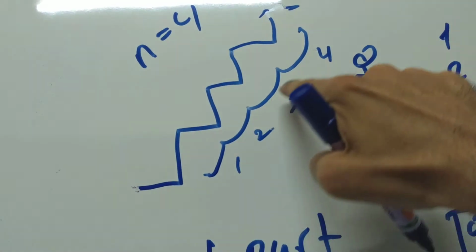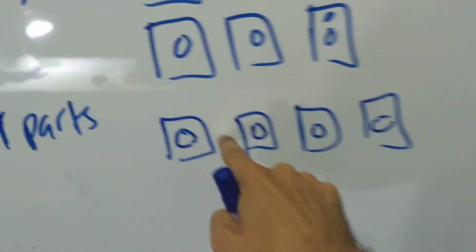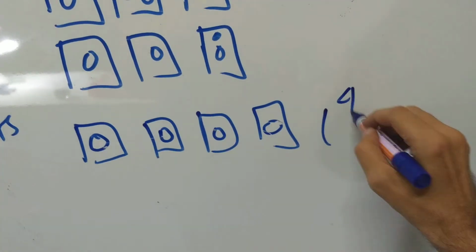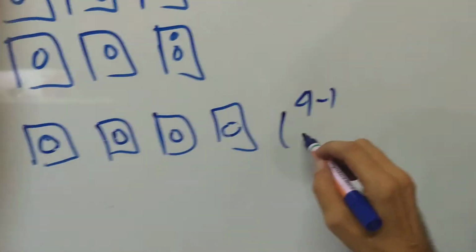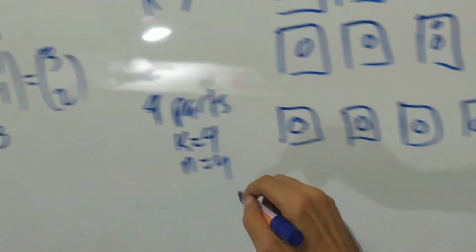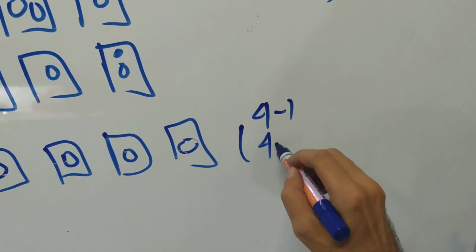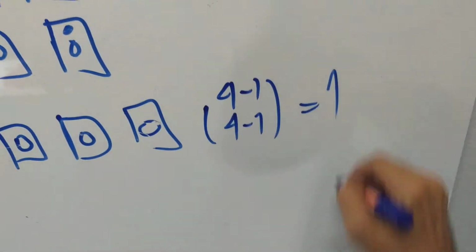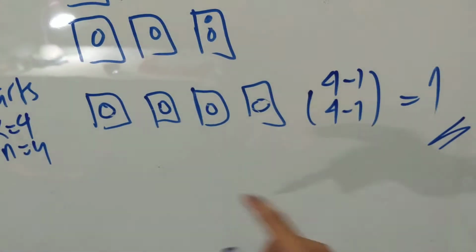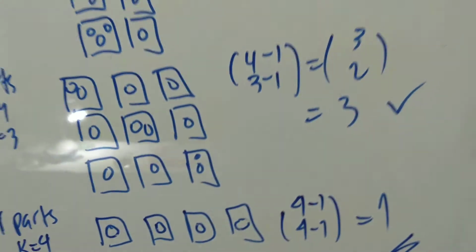This way of going up the stairs corresponds to this distribution of balls in boxes. 4 parts, k is 4, n is 4. We got 4 minus 1, 4 minus 1, and that's 1. Binomial coefficient 1.